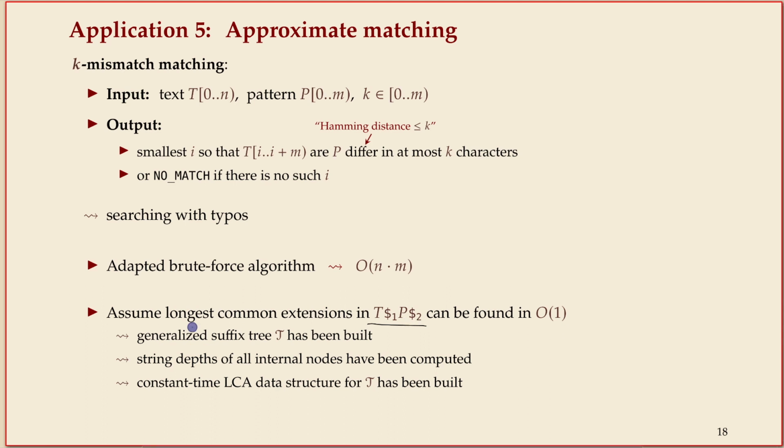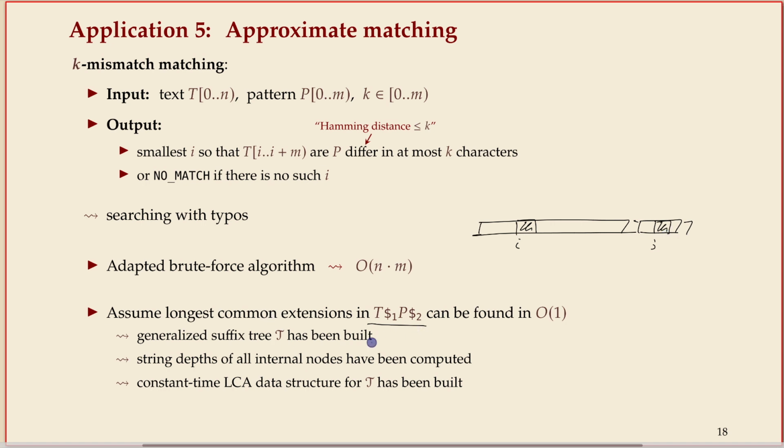So we can find longest common extensions in this string in constant time. And that in particular means if I have my text and then the pattern afterwards, I can pick a position in the text and a position in the pattern, and in constant time, it tells me how many characters are aligned, or how many characters are the same here. Okay? That's what we'll use.